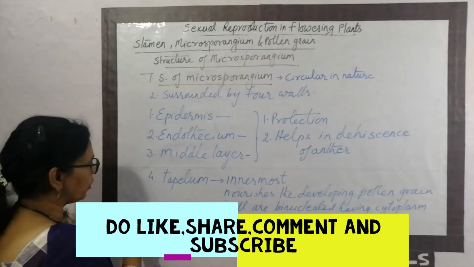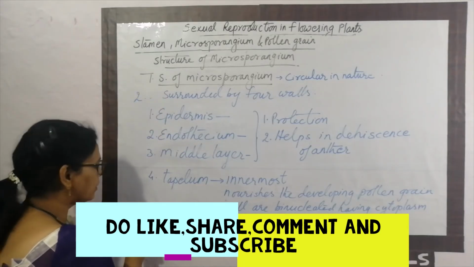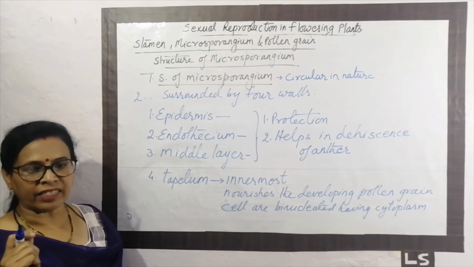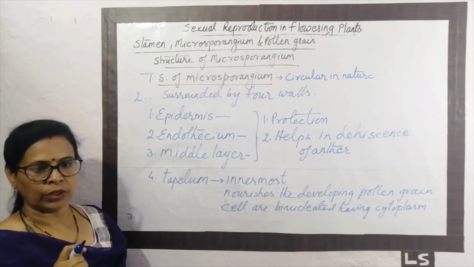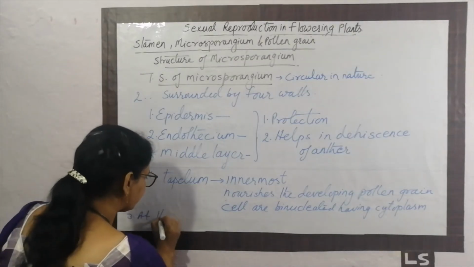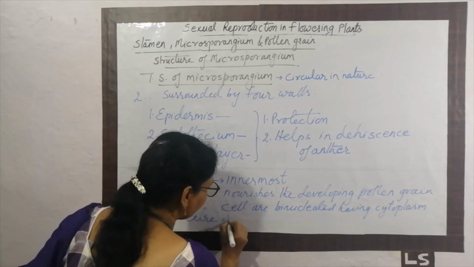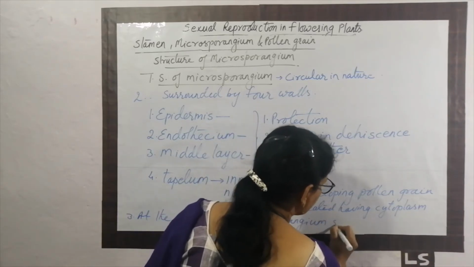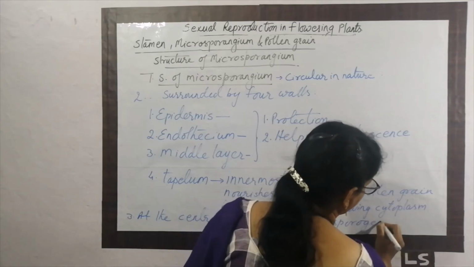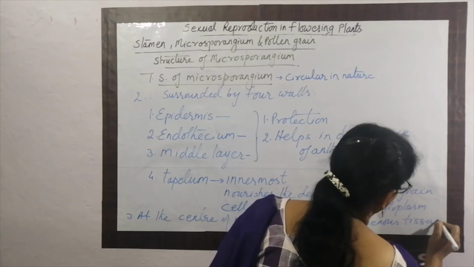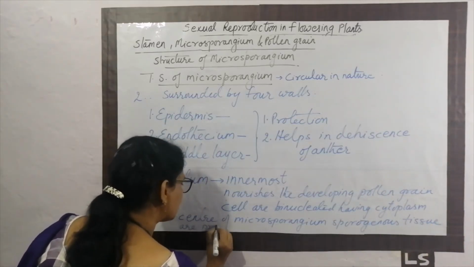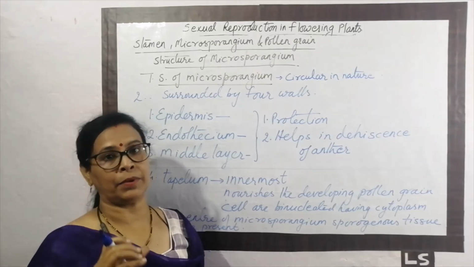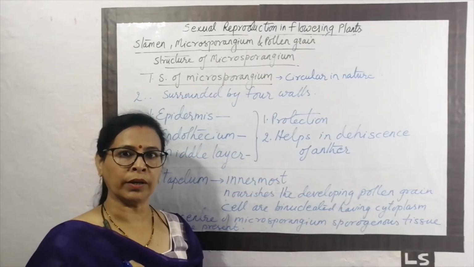The third important feature which is present in the microsporangia is that the young anther contains sporogenous tissue at the center of the microsporangium. These sporogenous tissues play a very important role in the formation of the sexual gamete in the male part of the flower, that is called the pollen grain.